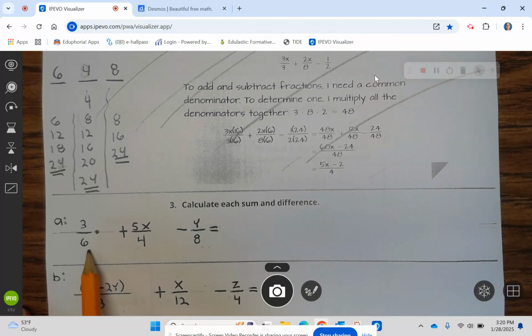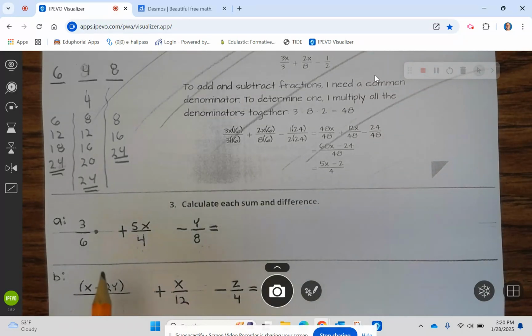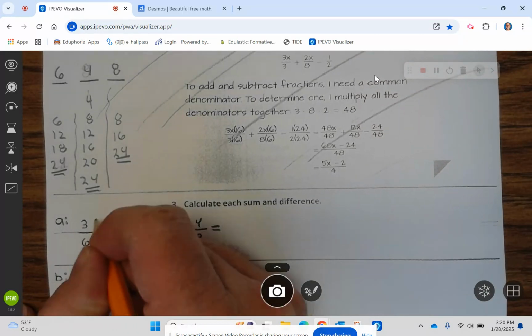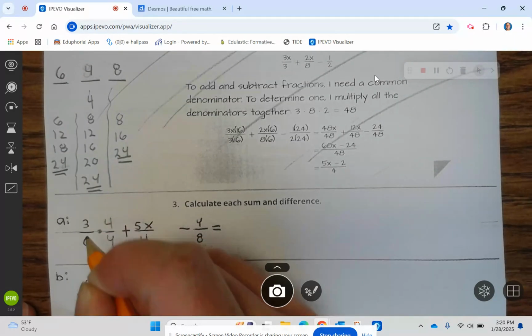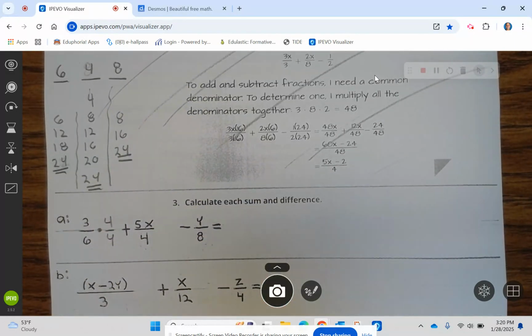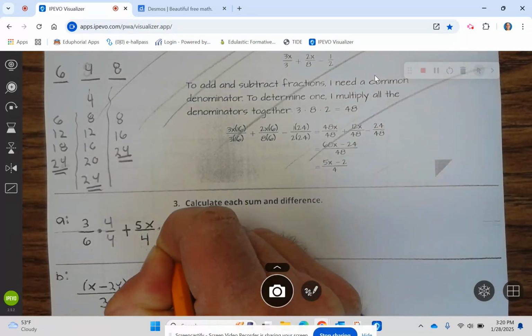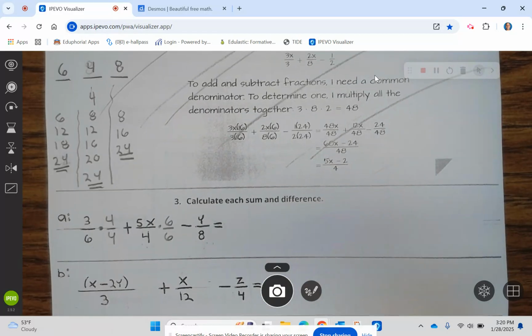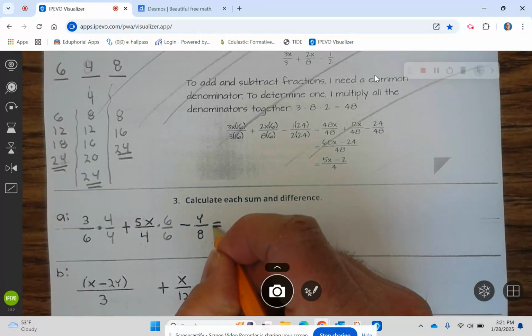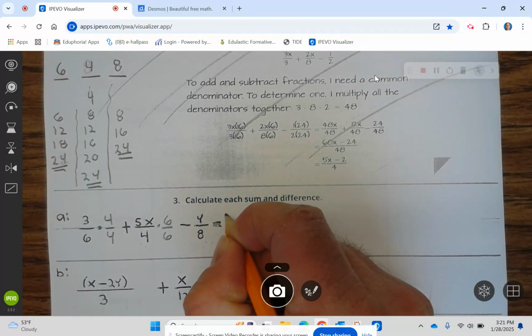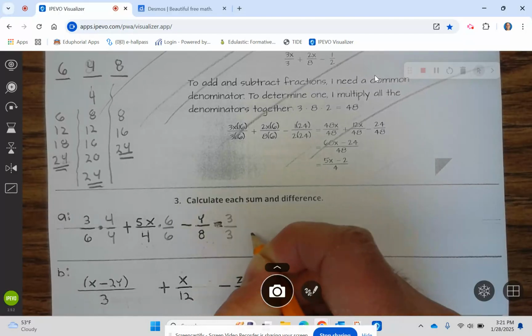So this needs to be 24. So to do that, we need to multiply this by 4 divided by 4. We need to multiply this by 6 divided by 6, and this times 3 divided by 3.